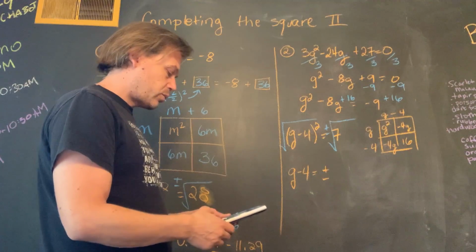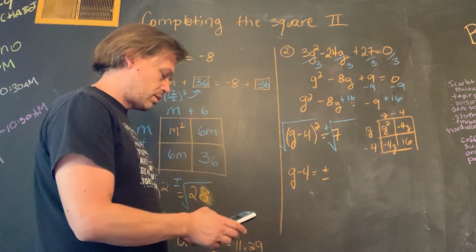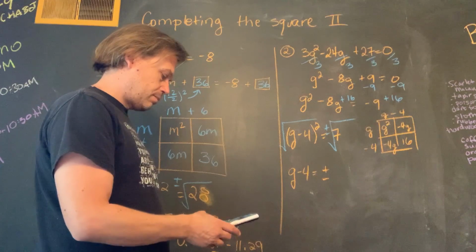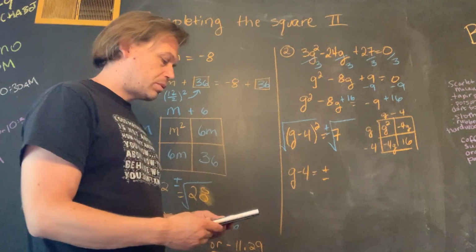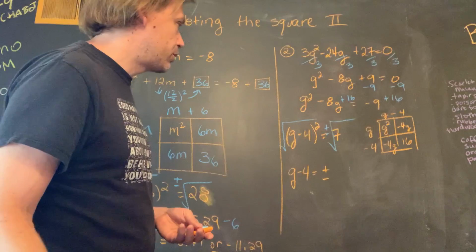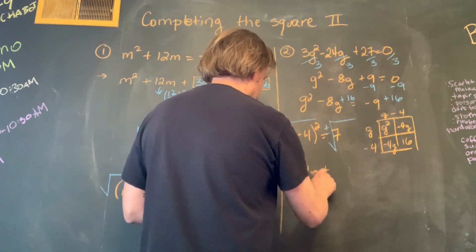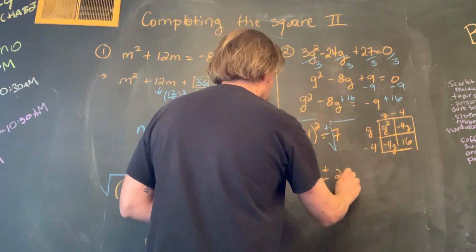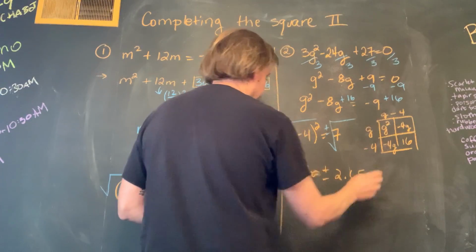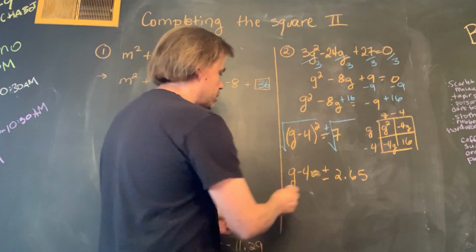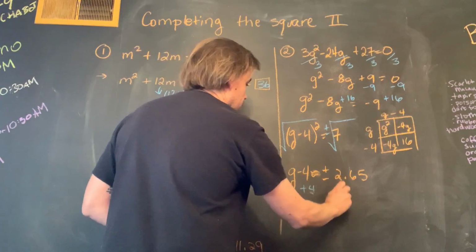Should be less than 3 and bigger than 2. 2.65 about. So approximately equal to 2.65. And then I need to add 4 to both sides.